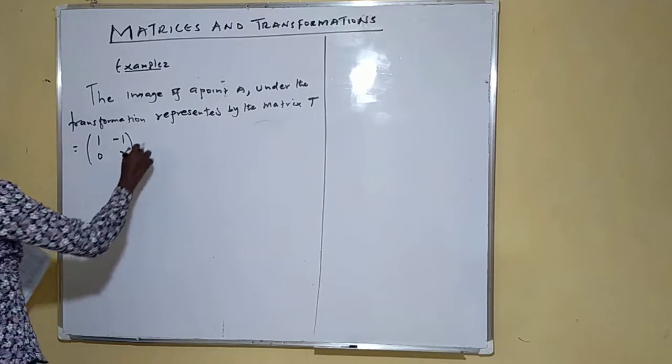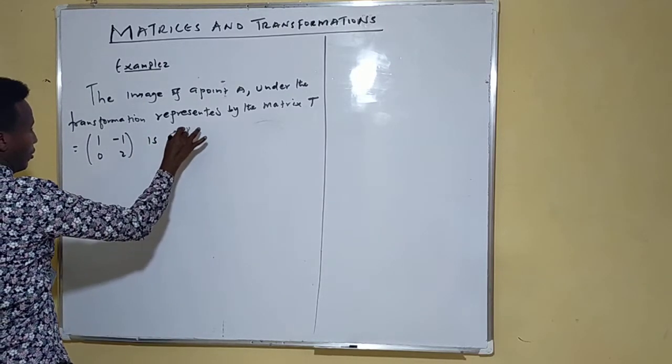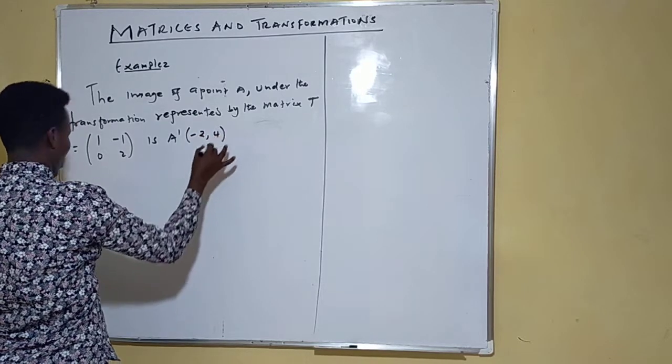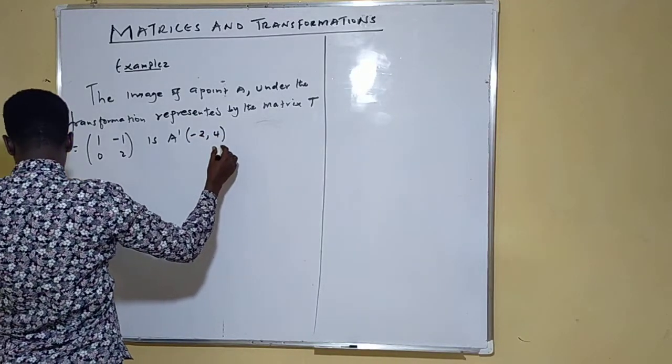Just understand is A prime, which is negative 2, 4, okay? Find the coordinates of A.